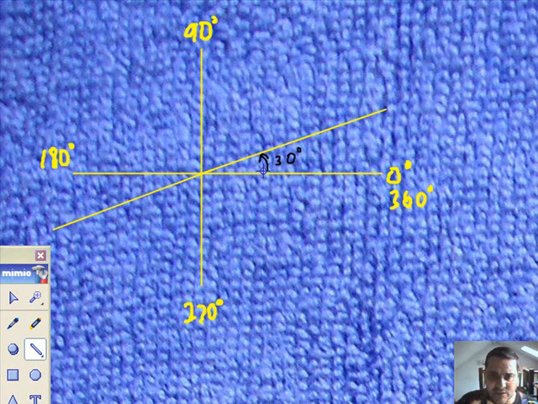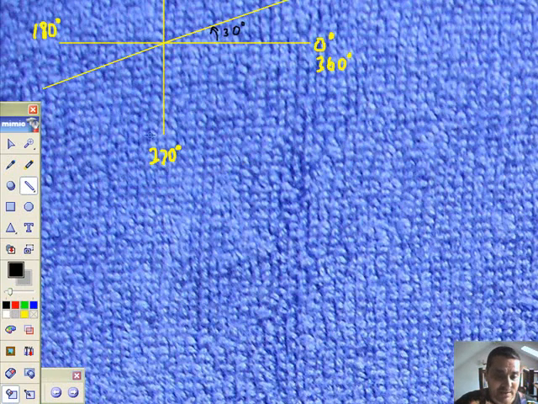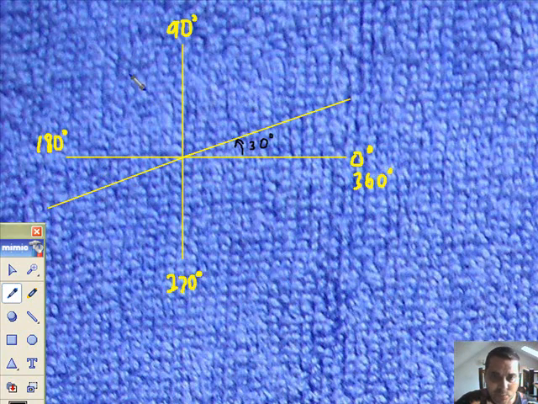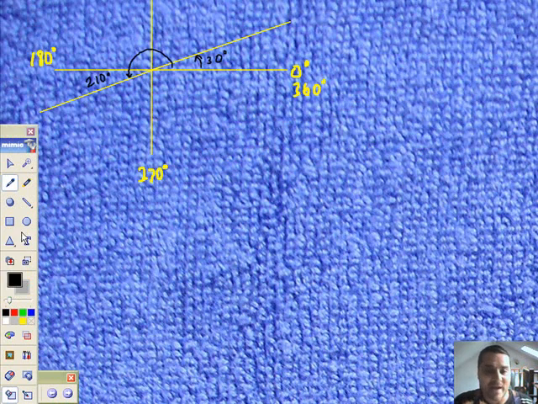But if I'm reading from the 0 degree line and go anti-clockwise, 90 plus 90 is 180, plus the extra 30 is 210 degrees. So the angle in the third quadrant is this angle here, going all the way around anti-clockwise, 180 plus 30, which is 210 degrees. So an angle of 210 degrees is actually related to the 30 degree angle there.